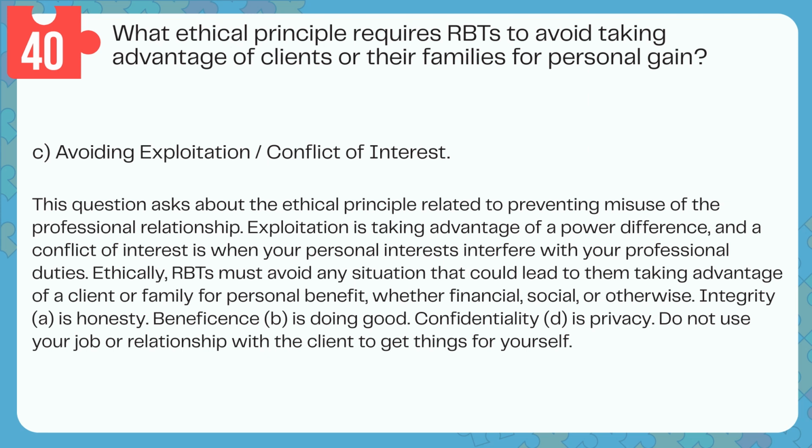Ethically, RBTs must avoid any situation that could lead to them taking advantage of a client or family for personal benefit, whether financial, social, or otherwise. Integrity, A, is honesty. Beneficence, B, is doing good. Confidentiality, D, is privacy. Do not use your job or relationship with the client to get things for yourself.